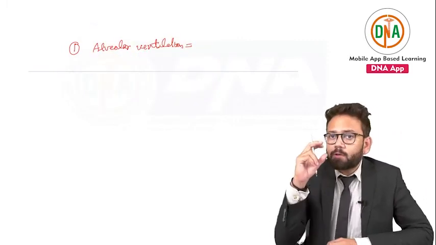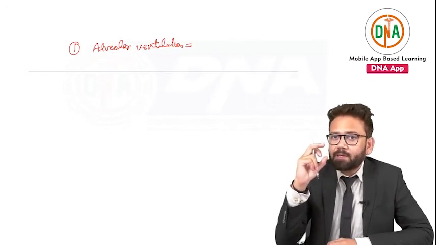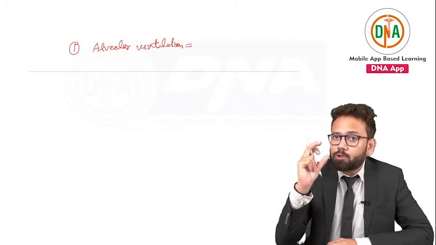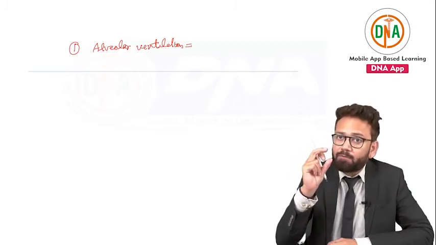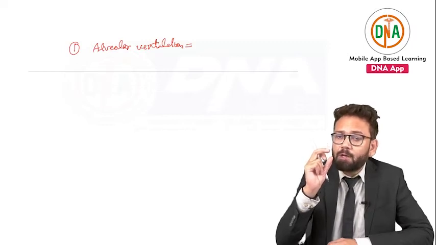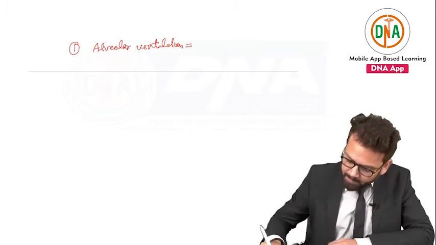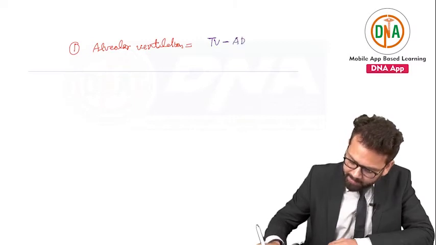As we know, there is anatomical dead space which is not taking part in gaseous exchange. So it is not that amount of air which is participating. So if you want to calculate the amount of alveolar ventilation, you have to subtract the anatomical dead space from tidal volume. So that will be tidal volume minus anatomical dead space into rate of respiration.